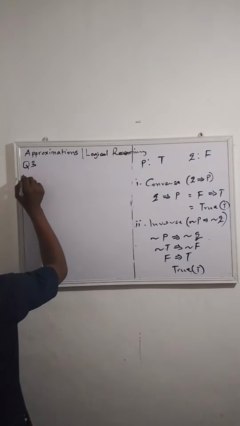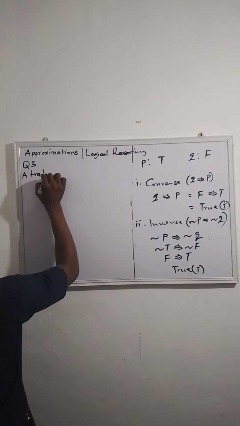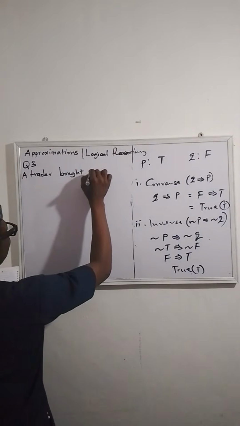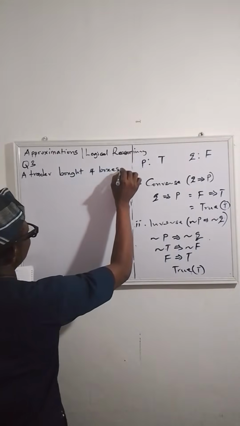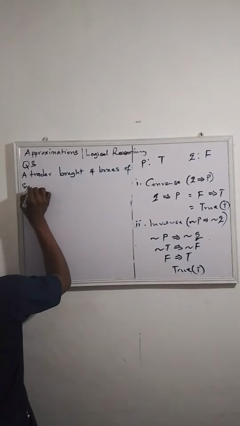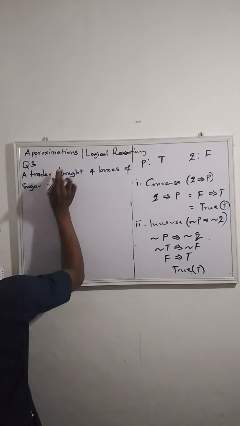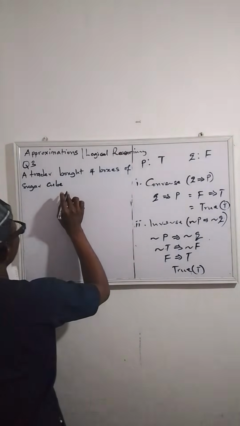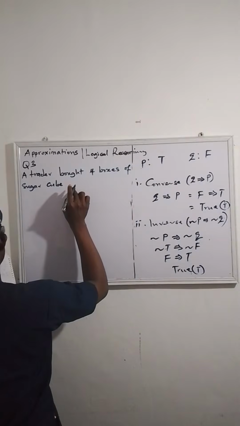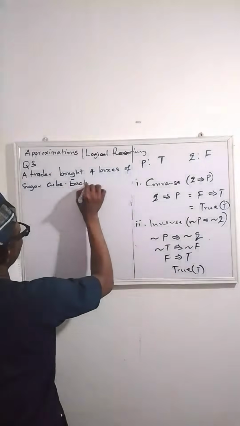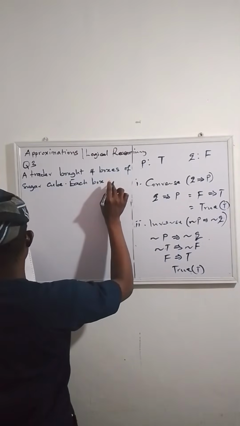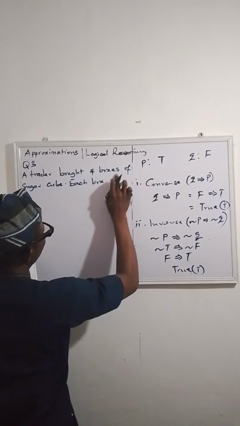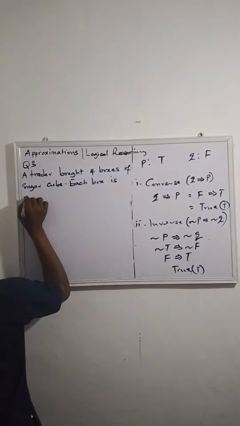Question 3. A trader bought 4 boxes of sugar cane. Each box contains is paper.